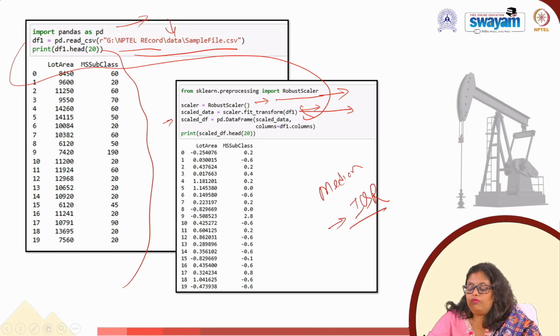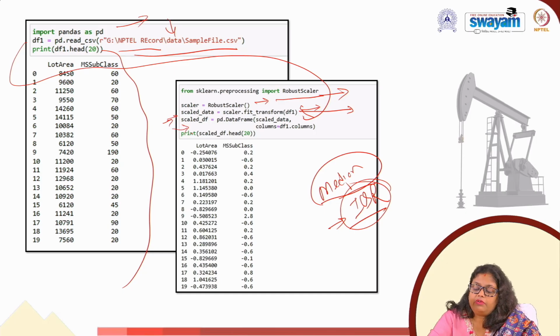So for each column, it calculates the median and IQR value, and then does the calculation on each data point, transforms it, and puts it into the variable scale_data.